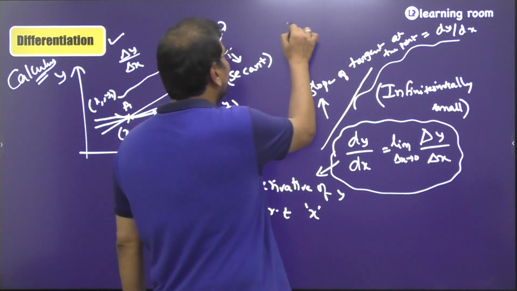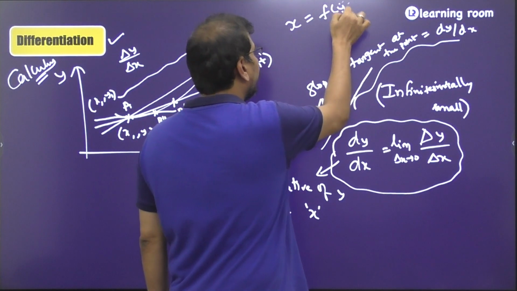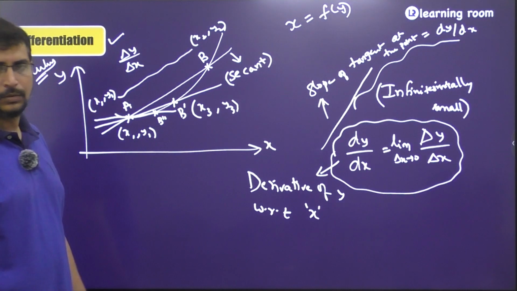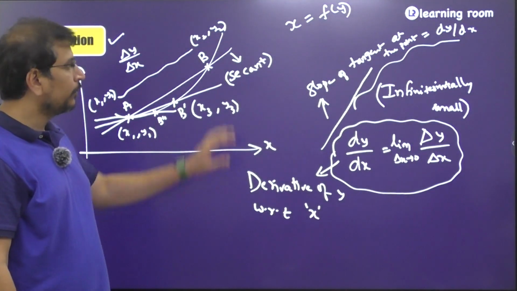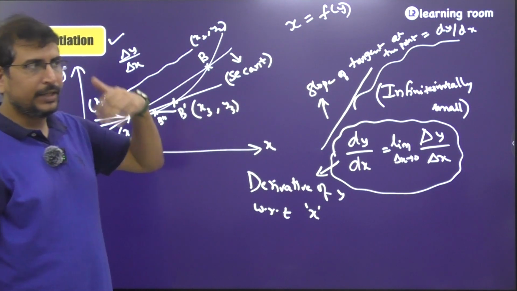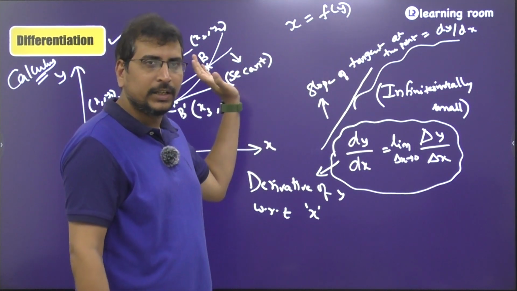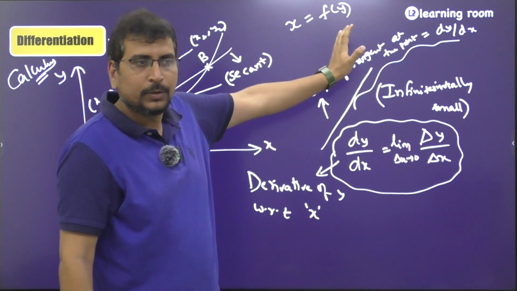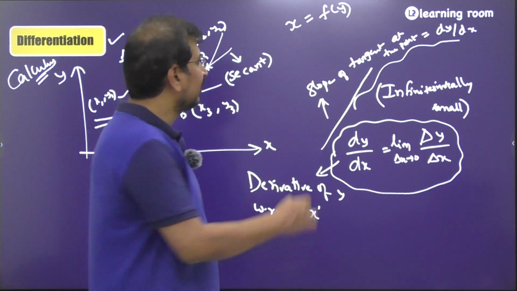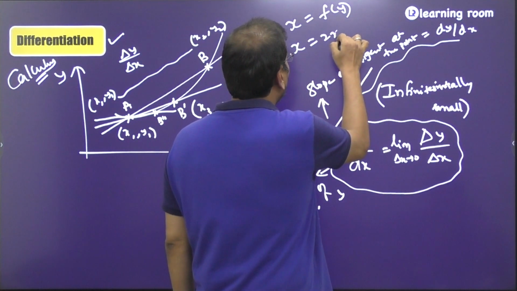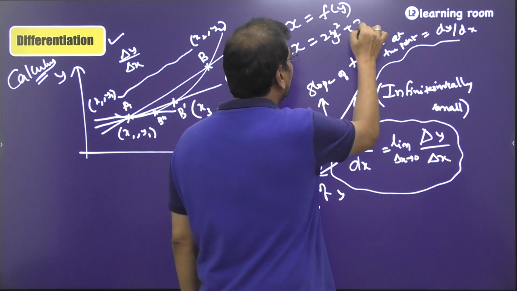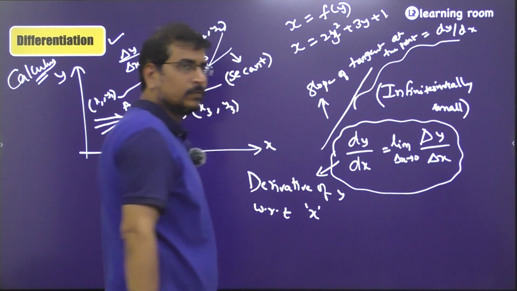Suppose you ask me, sir, can't we define x is equal to f of y? You can. That's up to you. But whenever you write something like this, you're trying to tell the reader that the left side value is dependent and the right side value is independent. For example, I gave you a question, x is equal to something. So what is the difference?